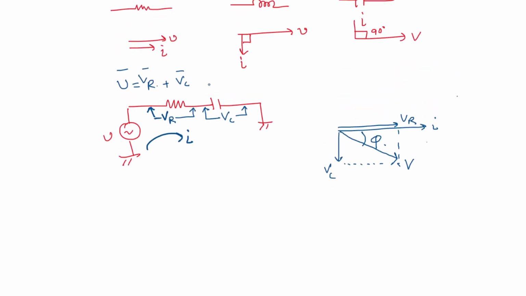Okay, so VR is equal to I into R, VC is equal to I into, now you see this VC is rotated by an angle of 90 degrees in the negative direction. That is why a term is called minus j XC. Minus j XC.